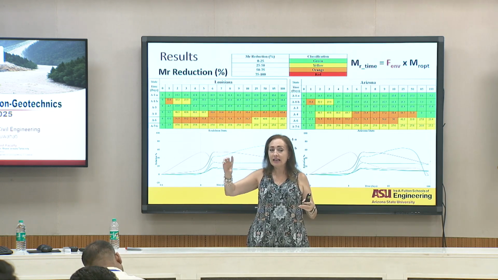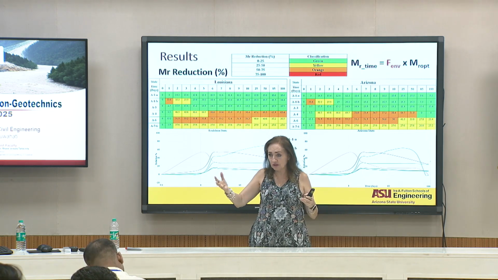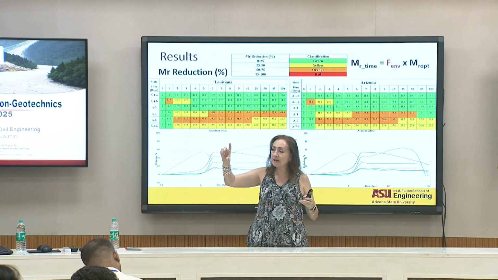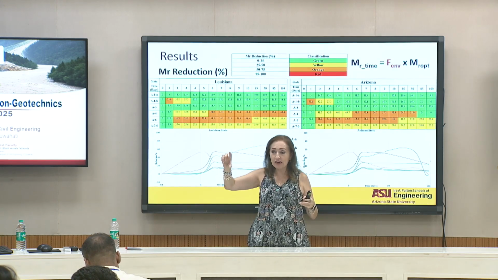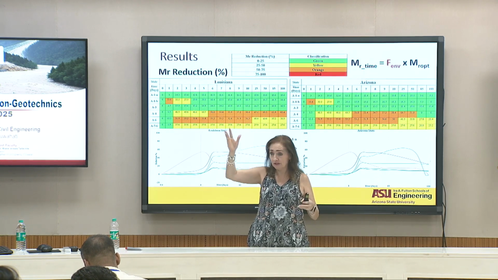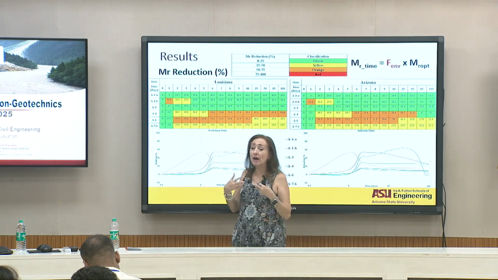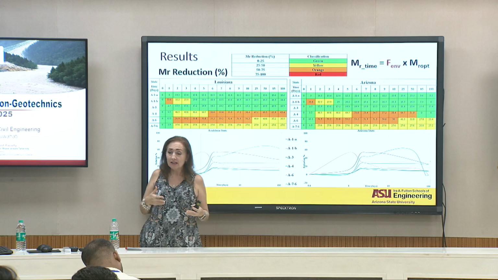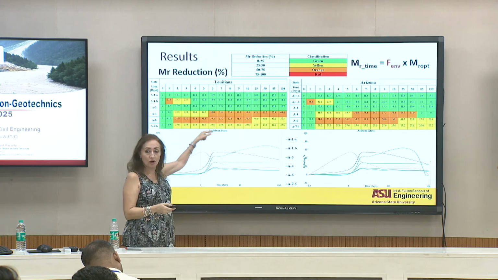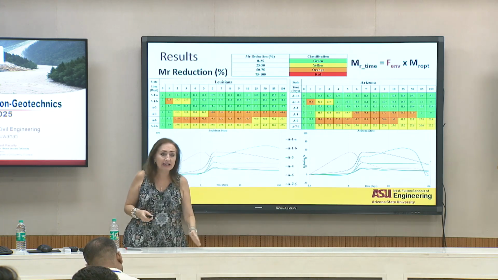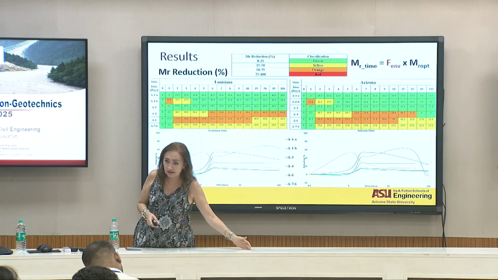Another thing is how much capacity you're going to be losing, and they can figure out how much extra thickness they're going to need to put in. So they have ways of knowing how to incorporate that reduction into the real capacity loss of the pavement at this point.